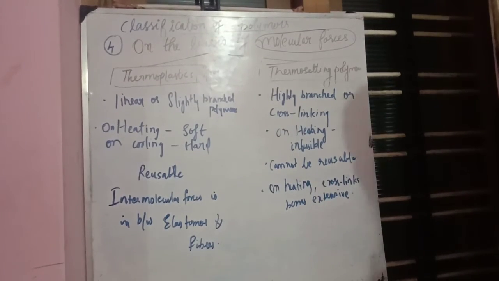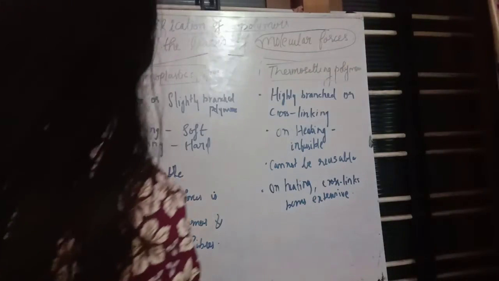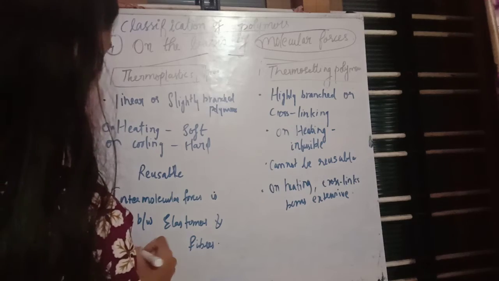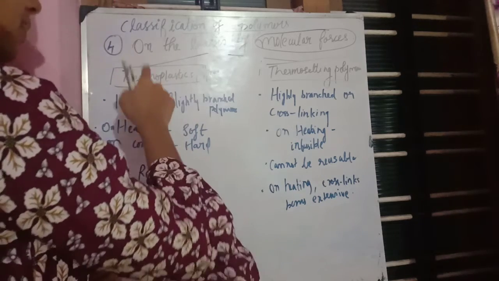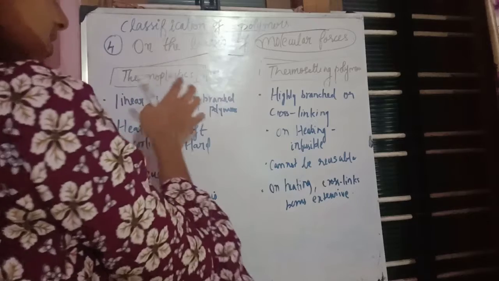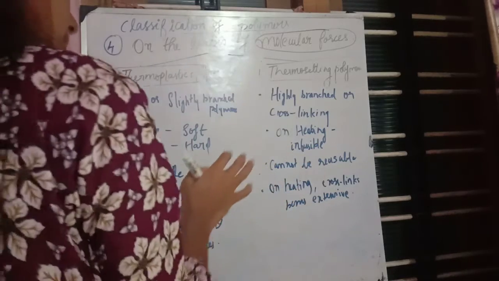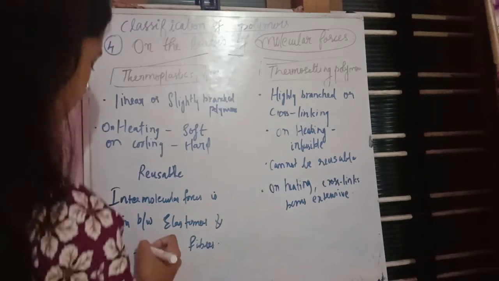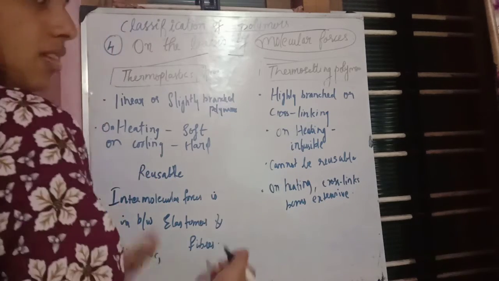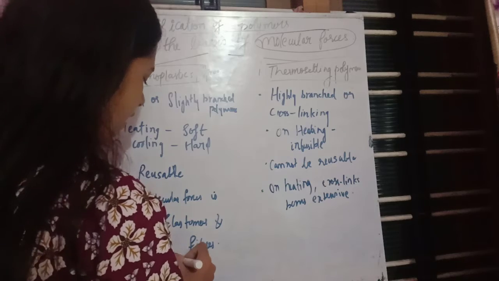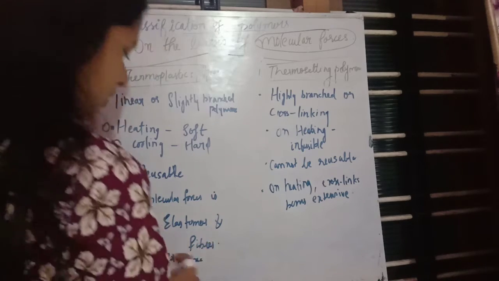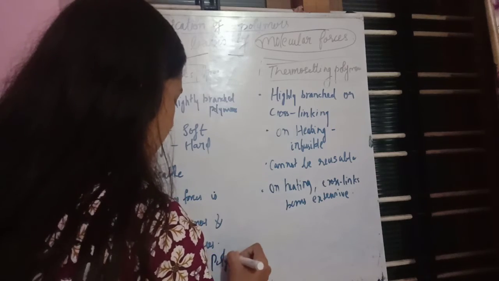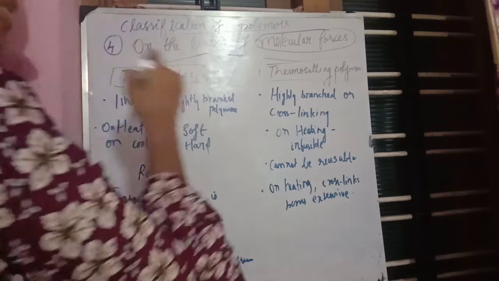Now, the examples of thermoplastics. Thermo means something related to heat, and plastic polymers are polymers. Here we have almost all plastics, like PVC, polyethylene, and polystyrene. I have already taught you the structures of PVC and polyethylene in the previous videos. These are thermoplastic polymers.